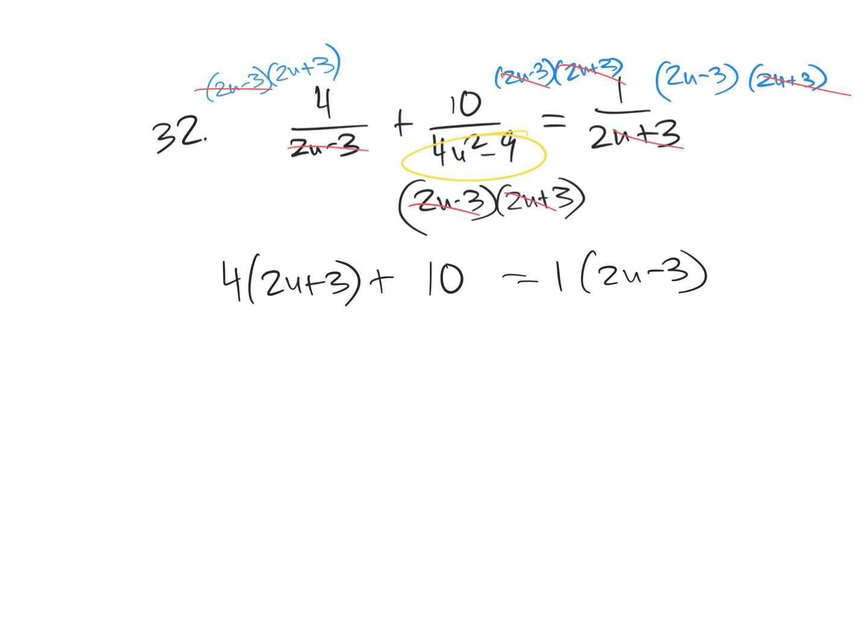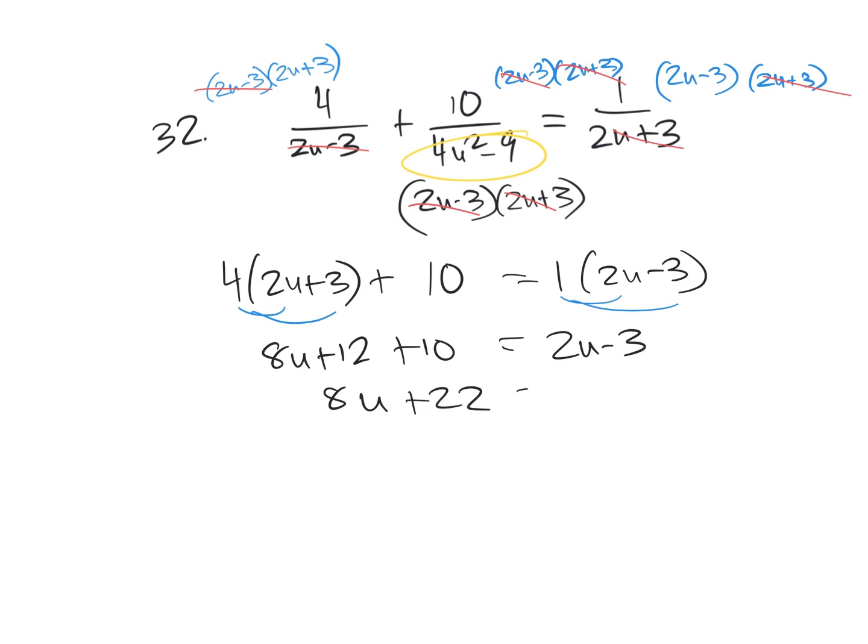Okay, now we distribute and then combine like terms. So distribute there. Obviously, 1 times that is just going to be that. So 8u plus 12 plus 10 equals 2u minus 3. So this is 8u plus 22. So now I'm going to subtract 2u to the left.